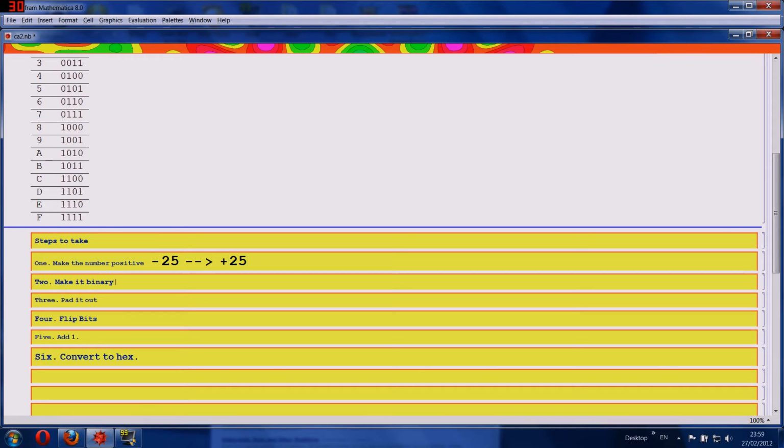Now we have the next step. Now when you're making a number binary, basically what you have to do is draw out something in the kind of region of this. I'm not sure if I'm going to get this to work, we'll see.